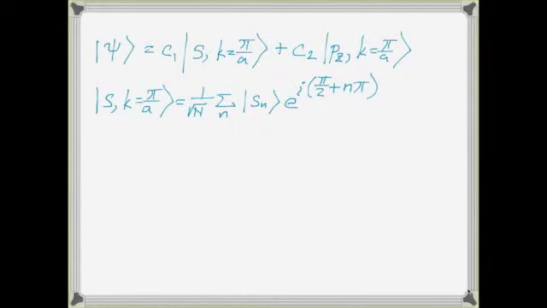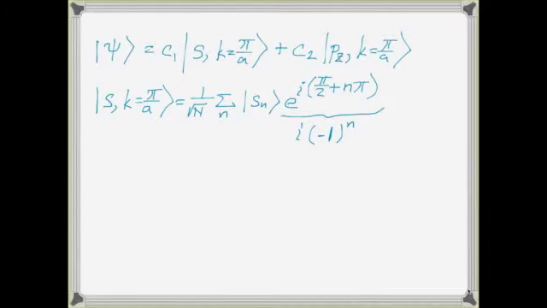And this thing is just equal to i times -1 to the n. That's just i times -1 to the n, because e to the i pi over 2 is i, and e to the i n pi is just -1 to the n.